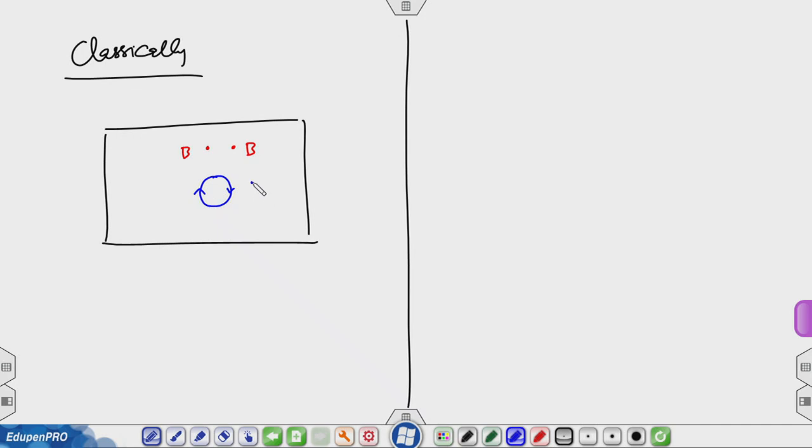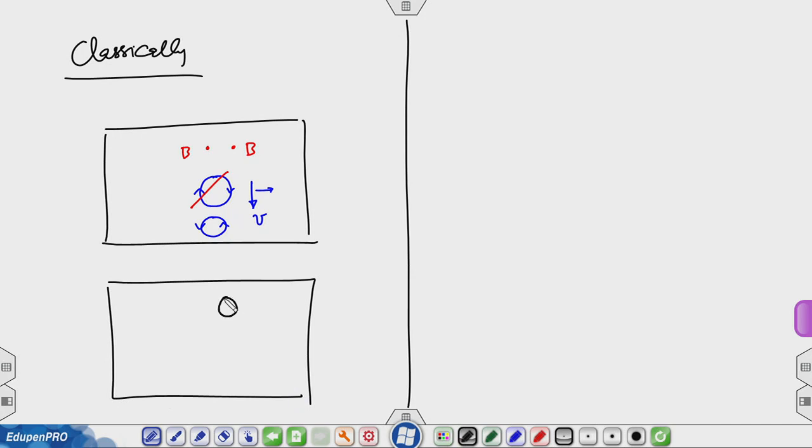Let us see, this is v. So, v cross B would be to the left, and for the electron, minus e v cross B will be like this. So, the direction will be opposite. They will be making these motions. So, within the sample, inside, the electrons are doing this.